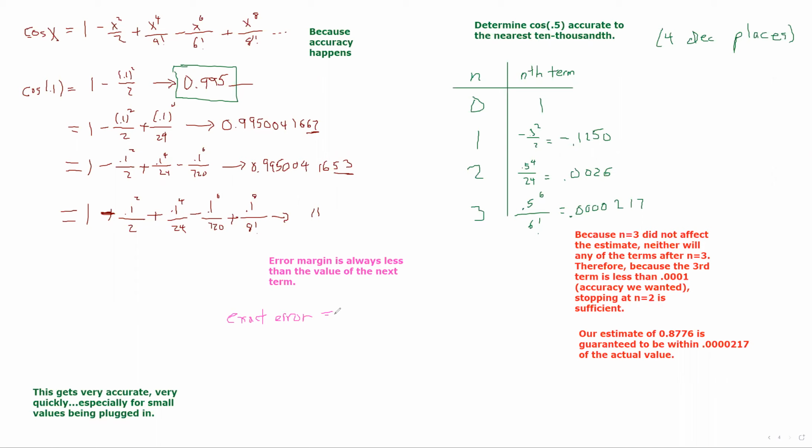Exact error is equal to the nth term evaluated at x equals, and they use this fancy scripty z thing. It's actually the Greek letter zeta. I'm just going to write a cursive z because I don't know how to write a zeta. Or just basically at that.